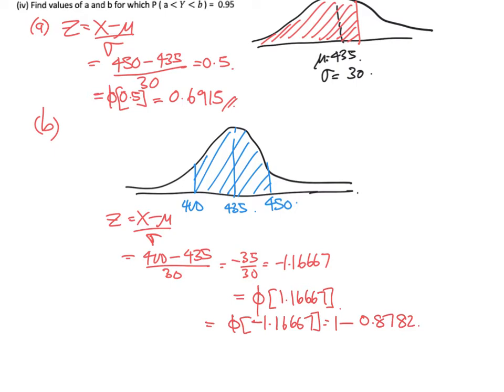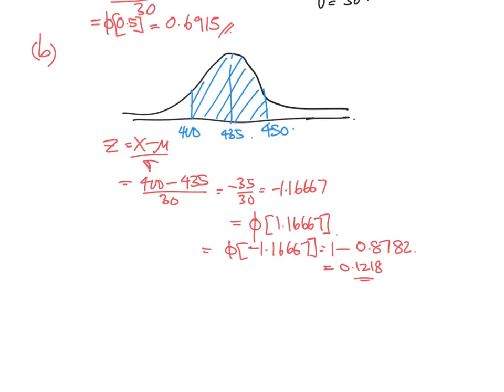That's for positive, so 1 minus that will be for the negative, which is 0.1218. That's the probability for the z score of negative 1.1667.